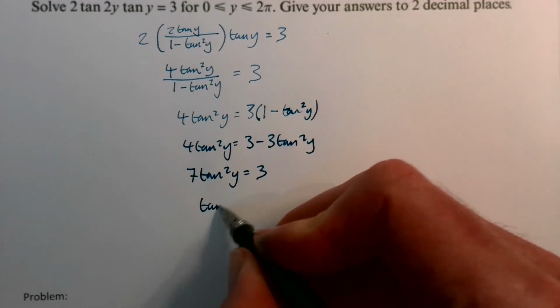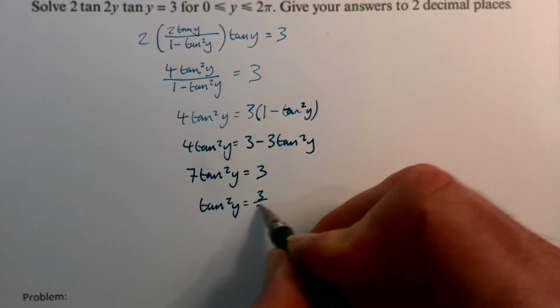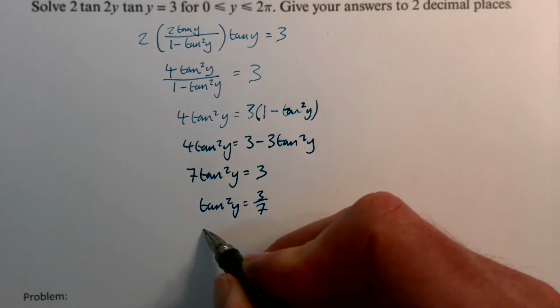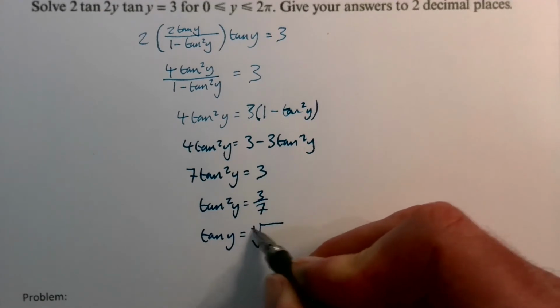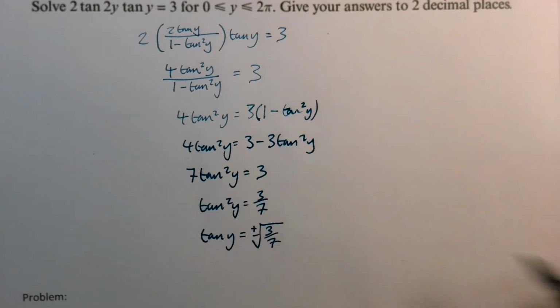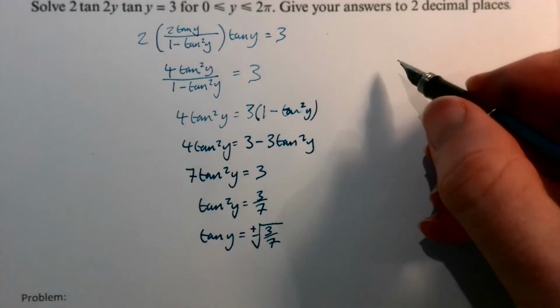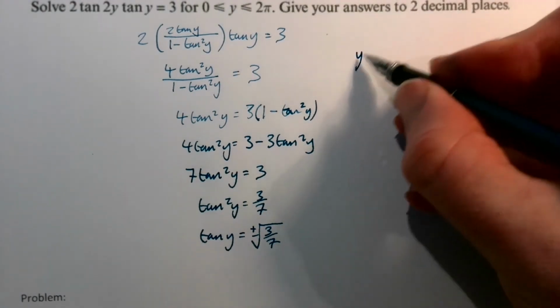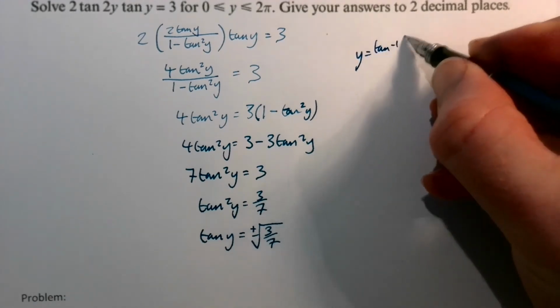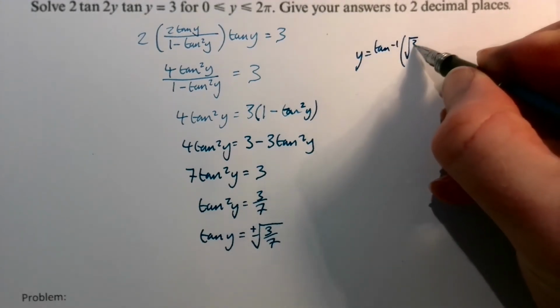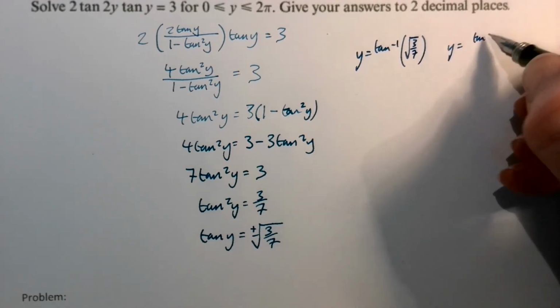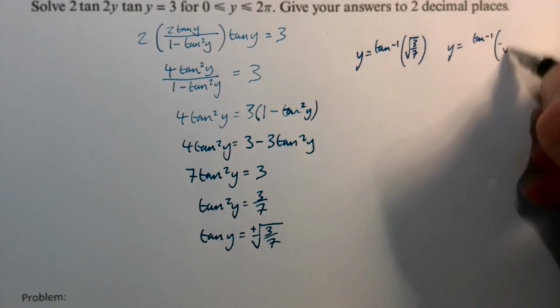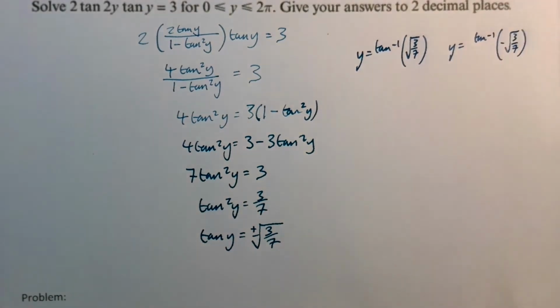So tan squared y is going to be 3/7. So our tan y is going to be plus or minus the root of 3/7. So we need to do the inverse tan of both of those. So y is going to equal tan take 1 of root 3/7, and it's going to be tan take 1 of the negative root 3/7.